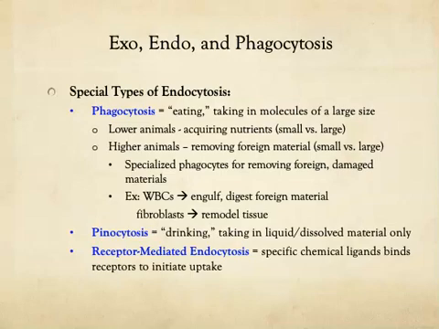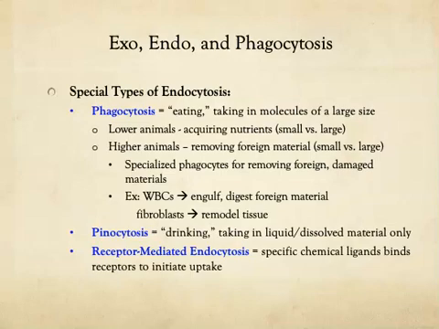They are bringing in large pieces of that tissue in order to remodel it. So the difference between generalized endocytosis and this specialized phagocytosis is simply the size of the material that's coming into the cell. If it's smaller than 0.5 micrometers, we call it endocytosis. If it's larger than 0.5 micrometers, we call it phagocytosis.